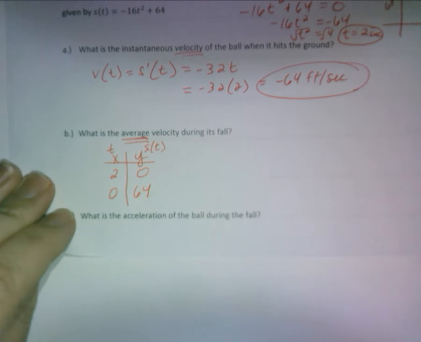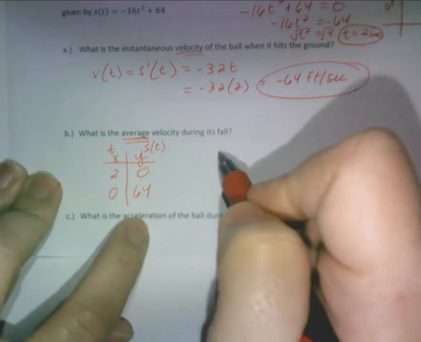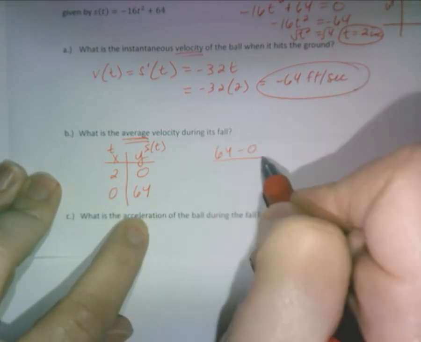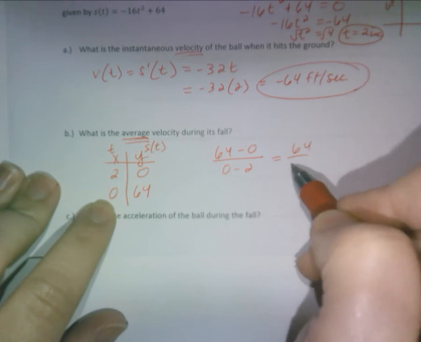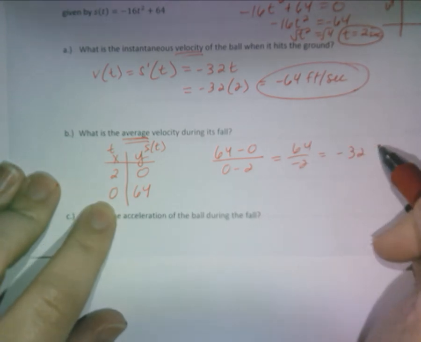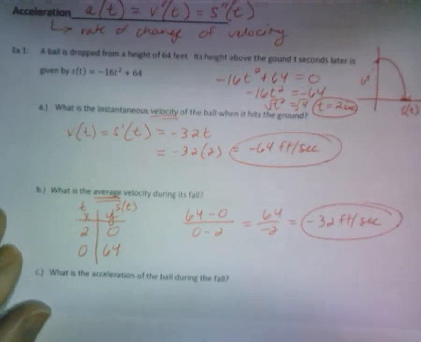And then I would just do an average of those, meaning I would do a slope of that secant line. So y2 minus y1 over x2 minus x1. So 64 over negative 2 is negative 32. That's the average rate of change.